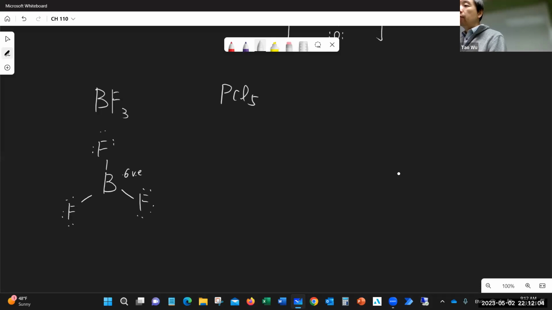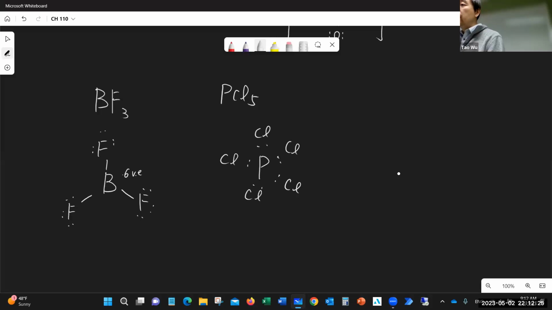PCl5, if you look here, the phosphorus has 5 chlorines around it. Then you're going to have 5 shared pairs around it. In this case, it's already more than 8 for the central atom. That makes sense, right?